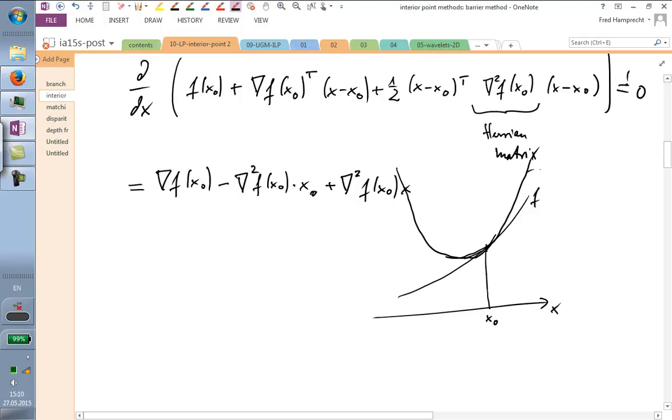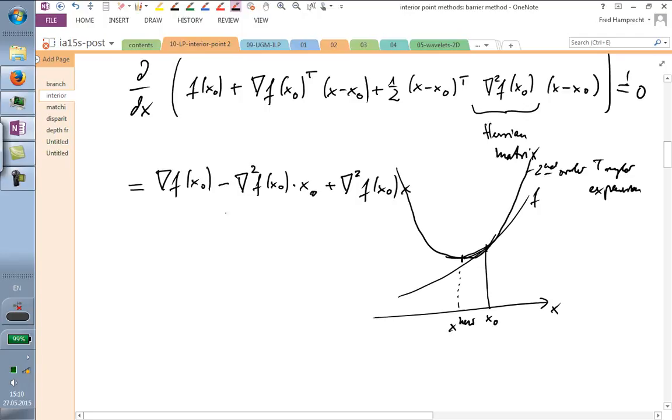Here is my second order Taylor expansion. And somewhere there is its new minimum, let's say x new. And so if indeed our function f is just a parabola, then a single step is enough to go into the optimum. If it's not a parabola, well, we will have to iterate this multiple times.